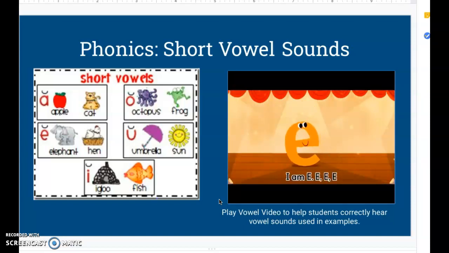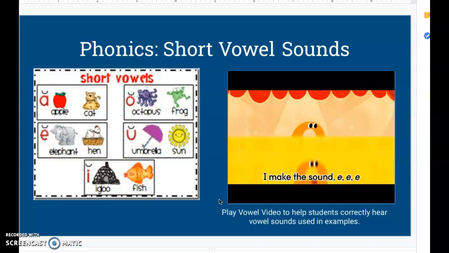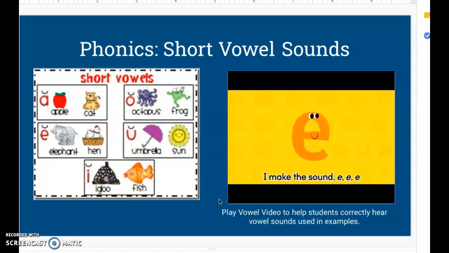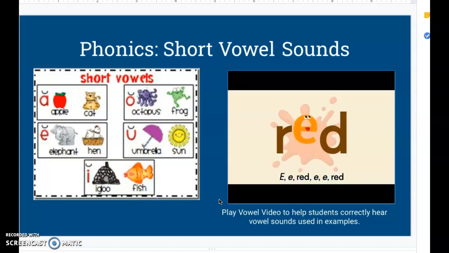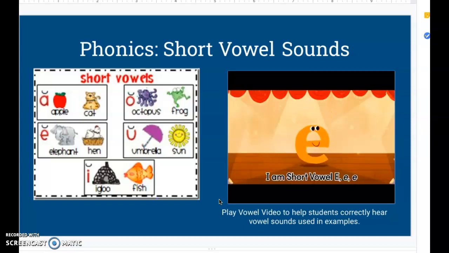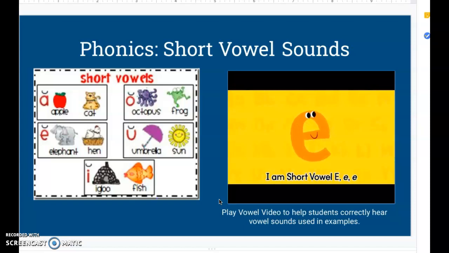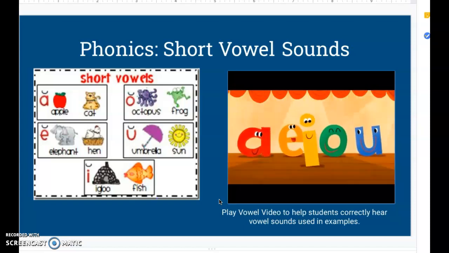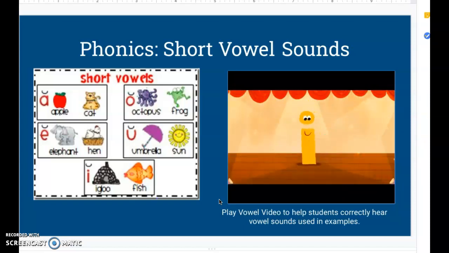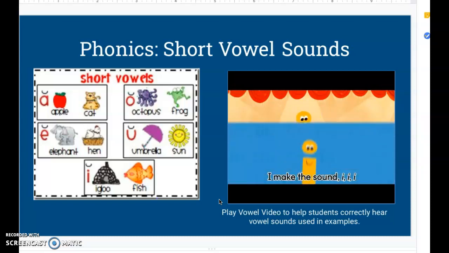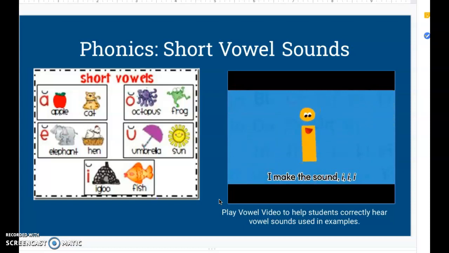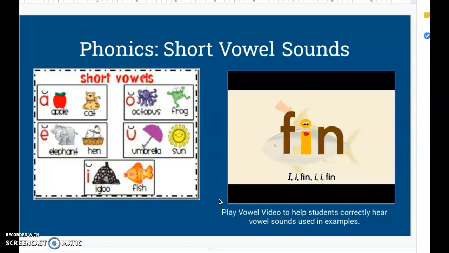I am E. I make the sound red. I am short vowel E. All right, now me. I am I. I make the sound thin. Thin.